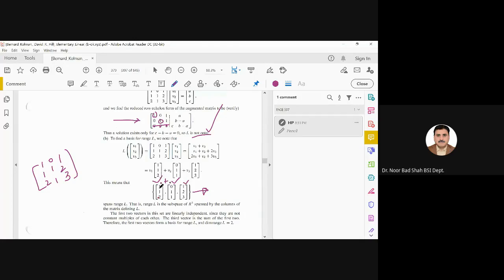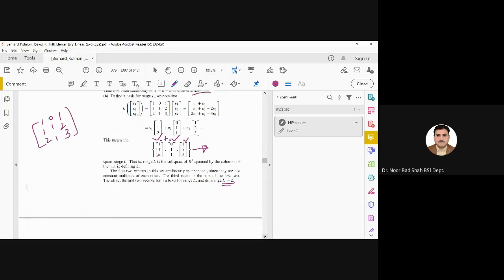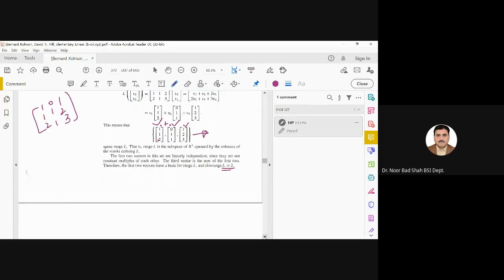The basis for it will be the first one and second one, therefore dimension is what? That is 2. Dimension of the range is 2. And dimension of R3 is 3. Both dimensions are not same, therefore we say it is not onto.